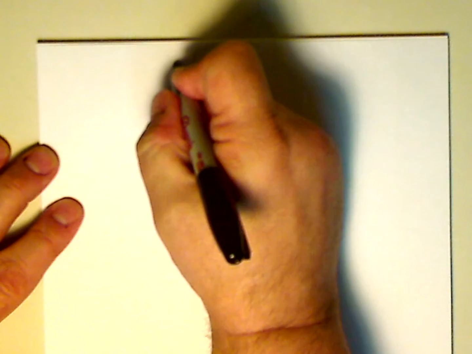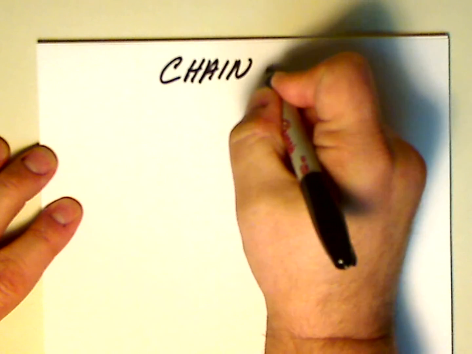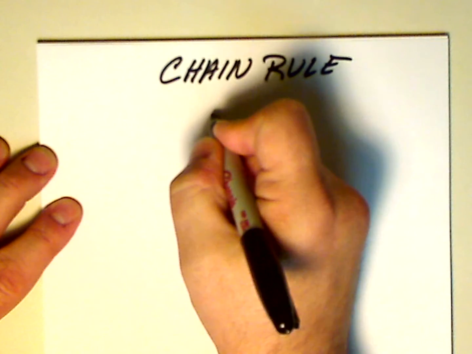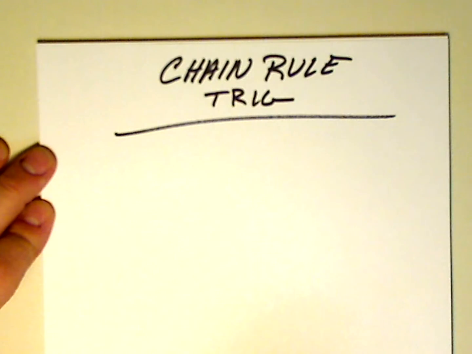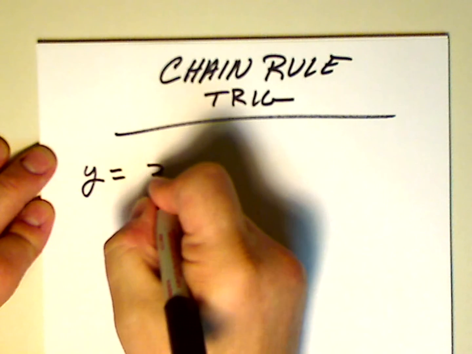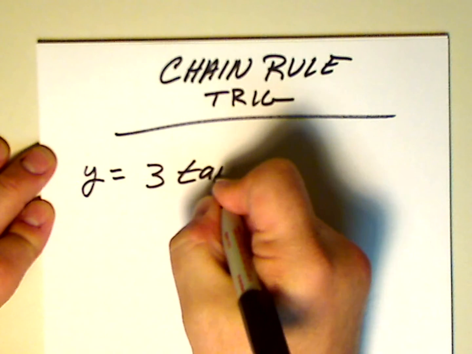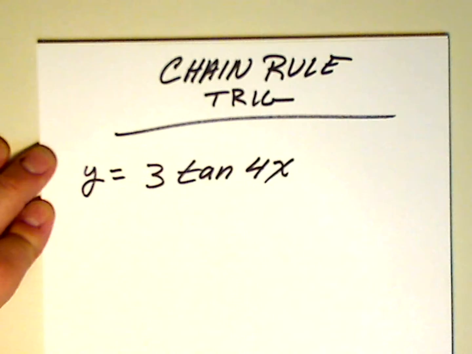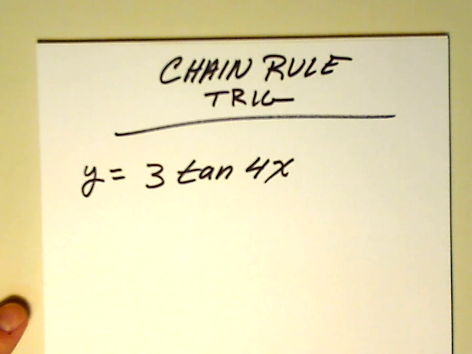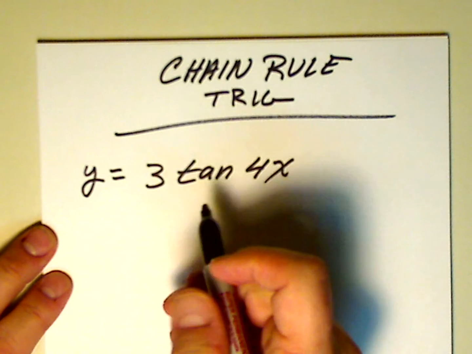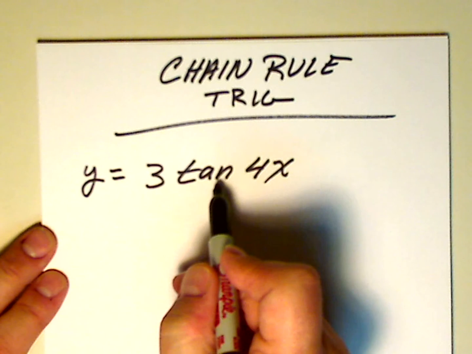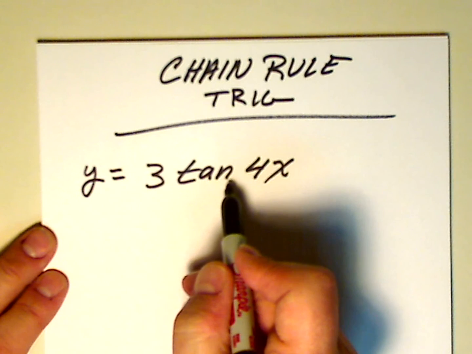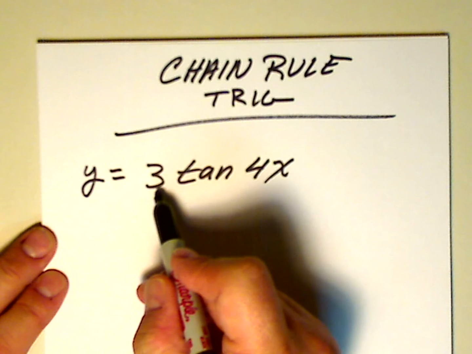So let's do another. I think we have time for another one. Chain rule trig. How about y equals 3 times the tangent of 4x? Well, we could actually do this as a product rule first. So we could do 3 times the derivative of the tangent of 4x, but the derivative of 3 is 0.